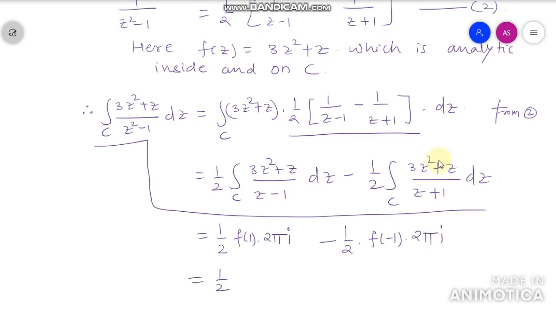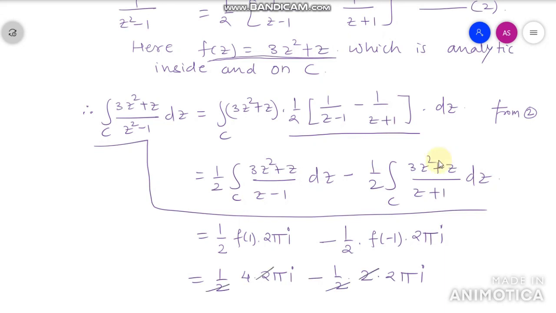That is equal to 1 upon 2 f of 1, as f of z is 3z square plus z, then f of 1 is equal to 3 into 1 plus 1, that is 4, into 2 pi i, minus 1 upon 2. f of minus 1 is 3 into minus 1 square is 1, 3 minus 1, so that is 2, into 2 pi i. Here the 2 gets cancelled.